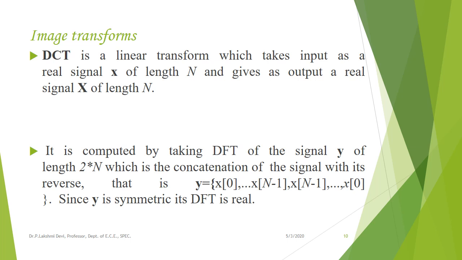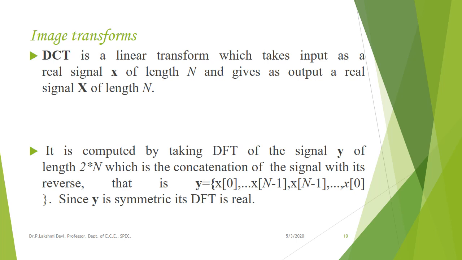Next, after the discrete Fourier transform and fast Fourier transform, we have the discrete cosine transform, which is a linear transform and takes as input a real signal x of length N and gives as output a real signal X of the same length N. It is computed by taking the DFT of the signal y of length 2N, which is the concatenation of the signal with its reverse, that is y equals x of 0 to x of N minus 1, and then x of N minus 1 to x of 0.